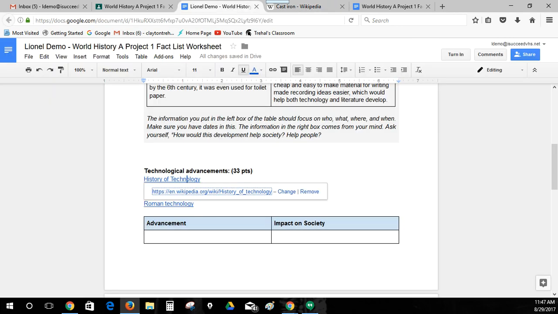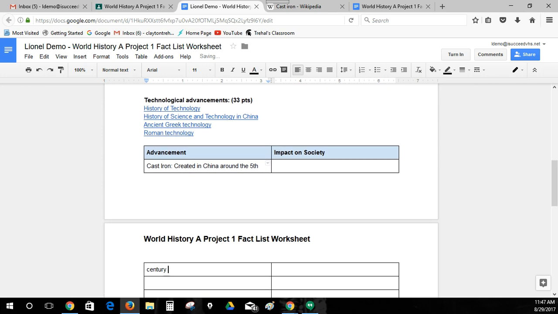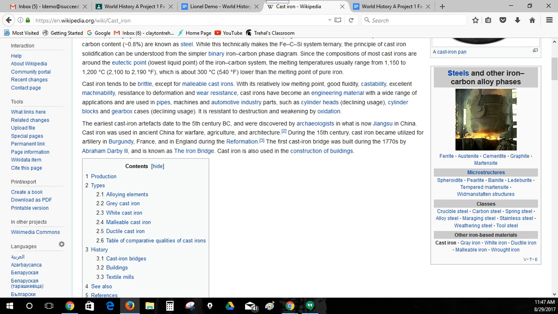So what I would do, advancement, cast iron, created in China around the 5th century BC. It was used for, what did it say in there?